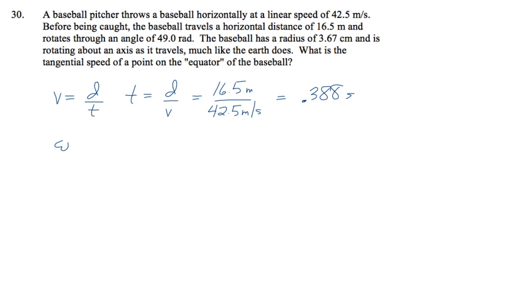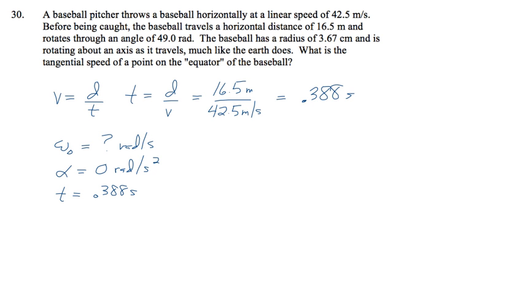So the omega original is really what I want, which is the omega that I'm going to have in the formula V equals R omega. So this is going to be the unknown right now, which will be radians per second. The alpha we're going to say is 0. And like I said, in real life, it wouldn't be 0. It's going to slow down. We now know the time, so the time is 0.388 seconds.